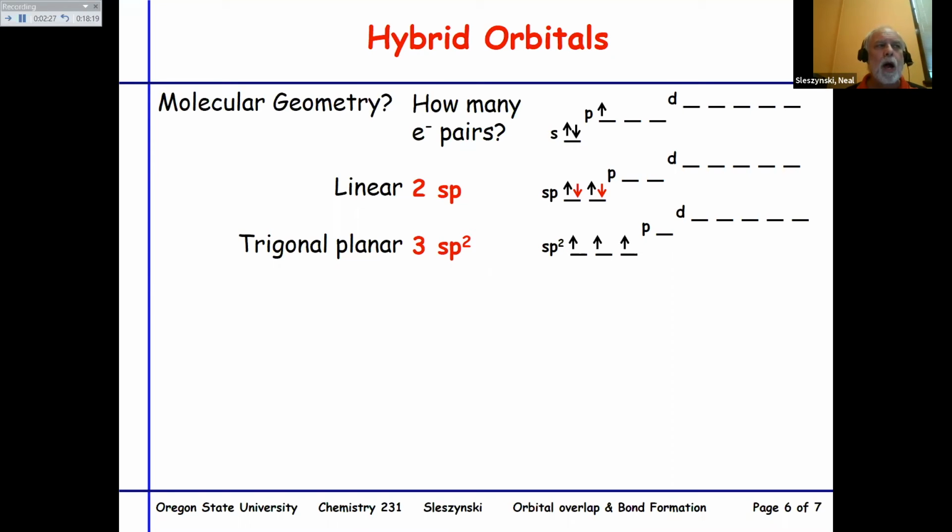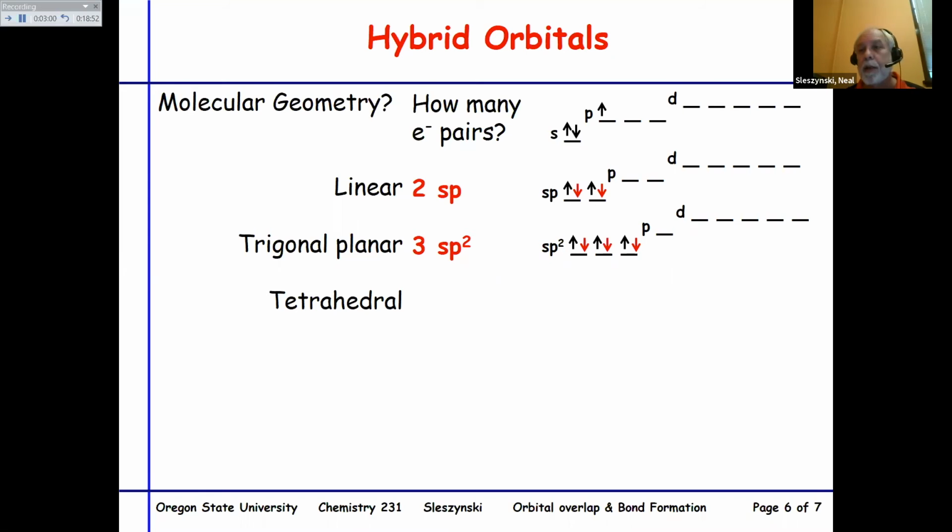Well, sp2 hybridization means that we've started out with an s orbital and two of the p orbitals because we have three electrons. We're going to form three orbitals of equivalent geometry and equivalent energy, that's sp2, so that I can then go in and share those three electrons with three electrons from other atoms to give me three bonds. Well, that's sp2 hybridization, three repelling electron pairs, trigonal planar.